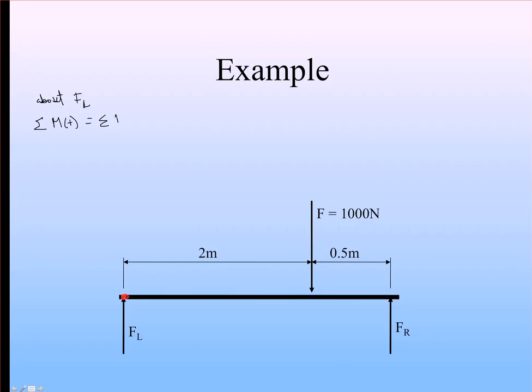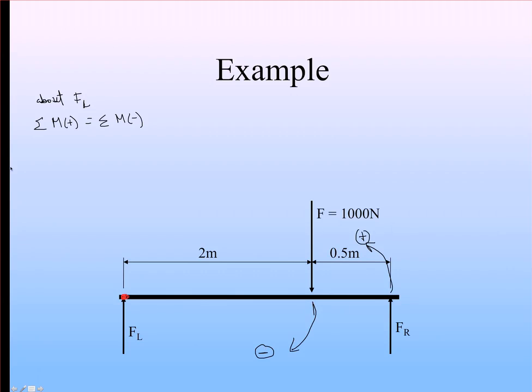Now, this force here, relative to this point of rotation, will cause a negative moment. And this one here, FR, will cause a positive moment. So let's organize our moments that way.